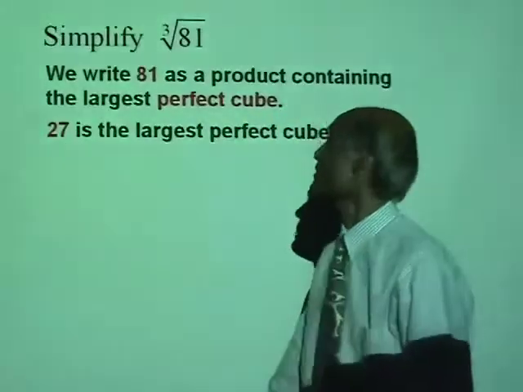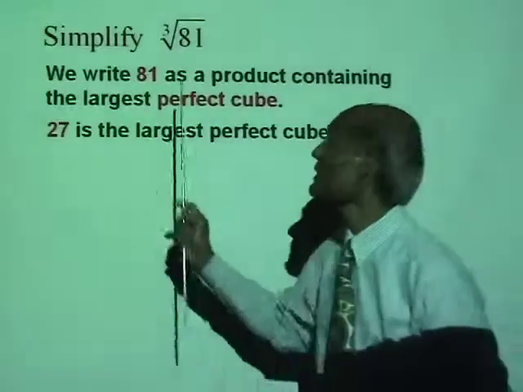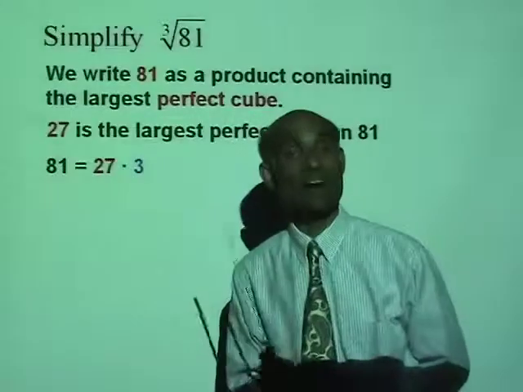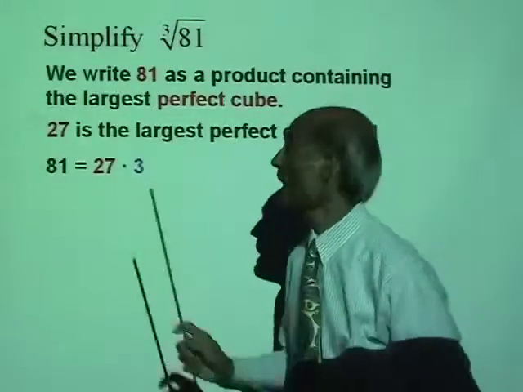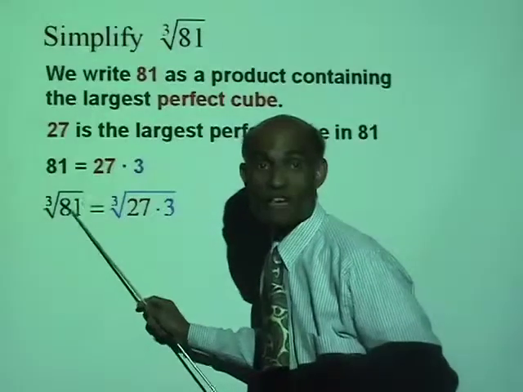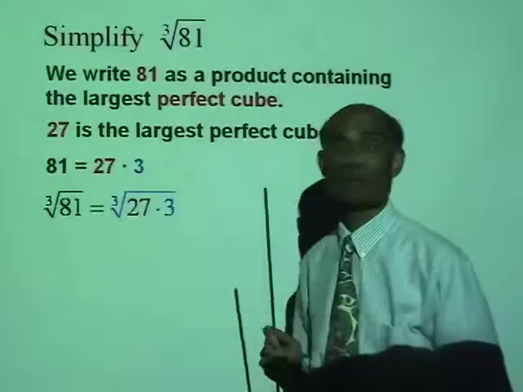So we can write 81 equal to 27 times 3. And so, cube root of 81 can be written as cube root of 27 times 3.